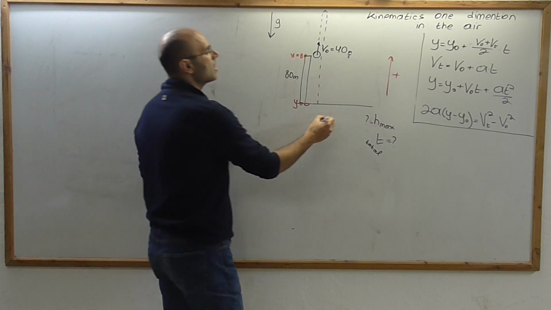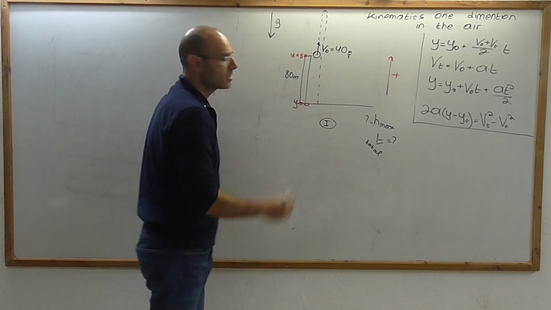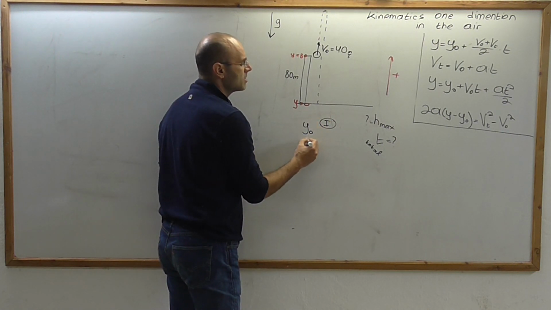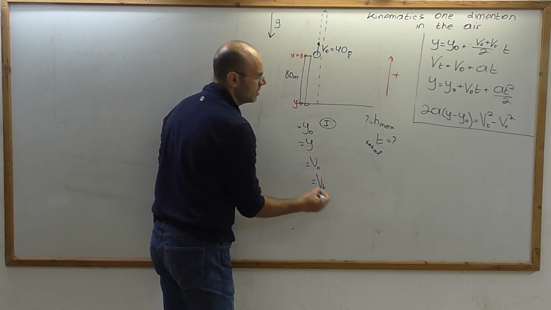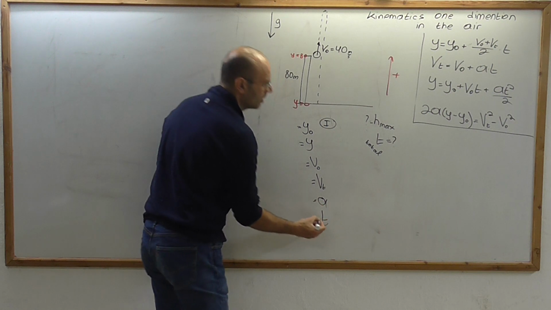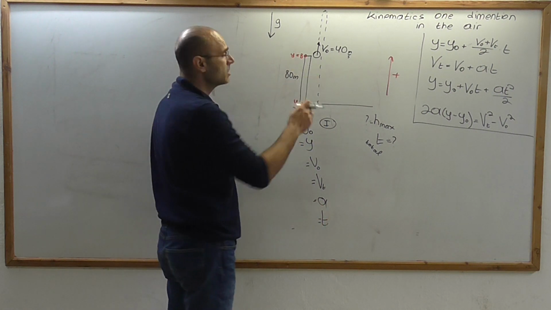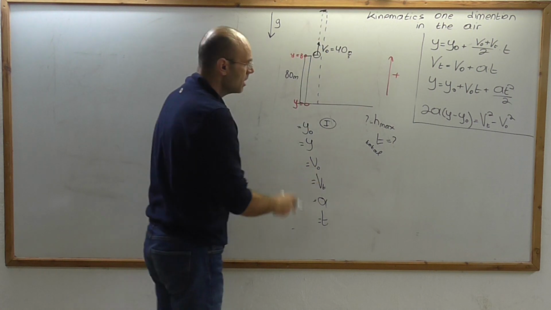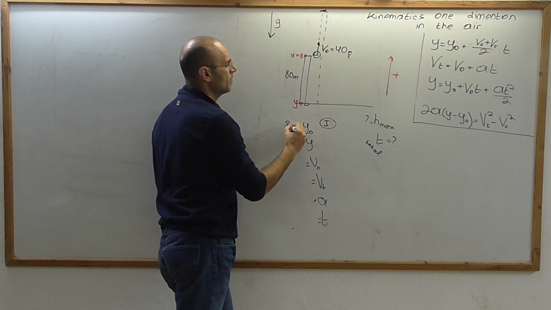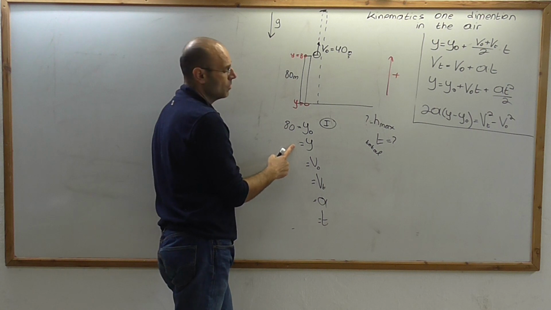Okay, so let's start with finding the H max. Again, our 6 variables: y0, y, v0, v, a, t. So our part is we start here, we finish here, because this was the question. Y0 is 80. Y final, I don't know.